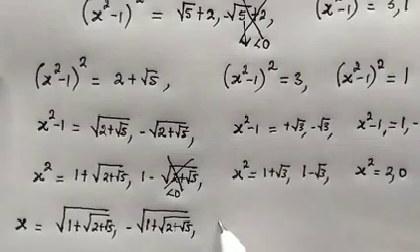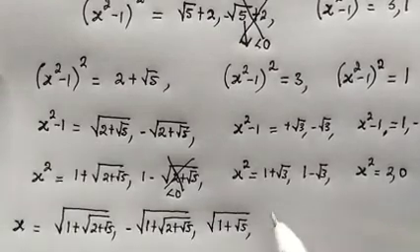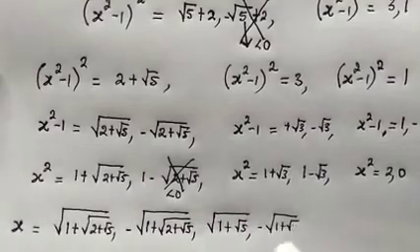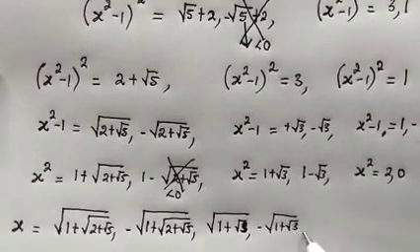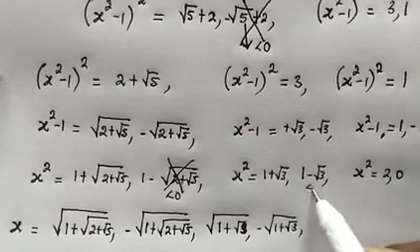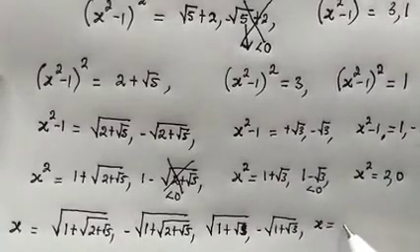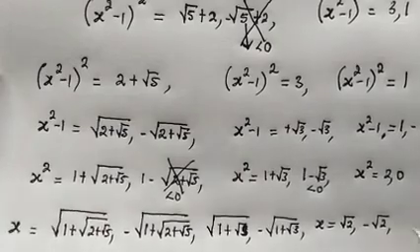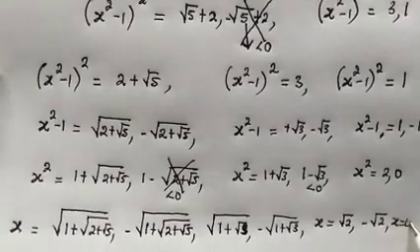And for this part here, we have the positive square root of 1 plus root of 3, and the negative square root of 1 plus root of 3, oh, that is 3, so sorry for that. So this is 3, and this is 3 here. We don't need this, it is less than 0, obviously. And here we have x equal to plus square root of 2, negative square root of 2, and finally x equal to 0 as another solution.